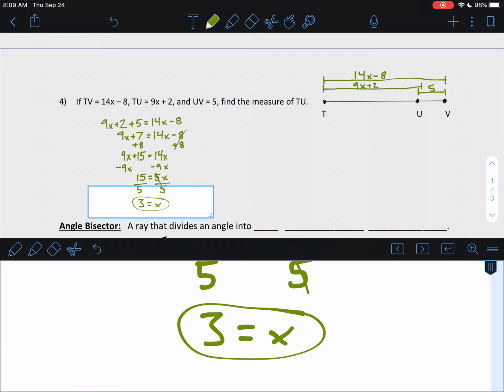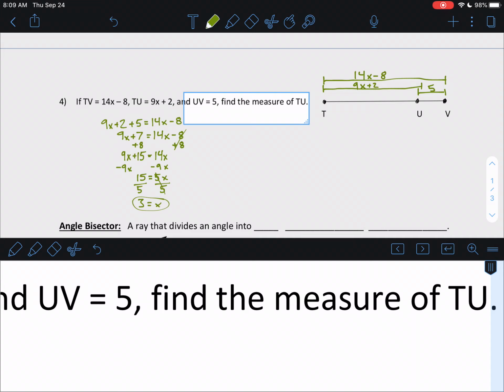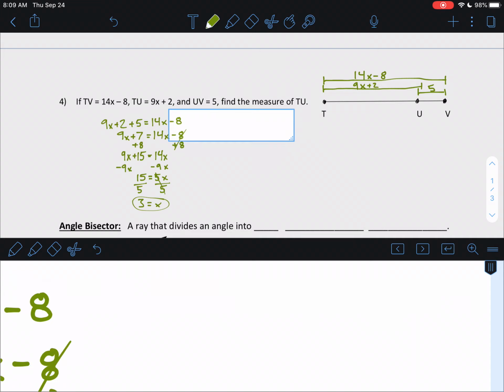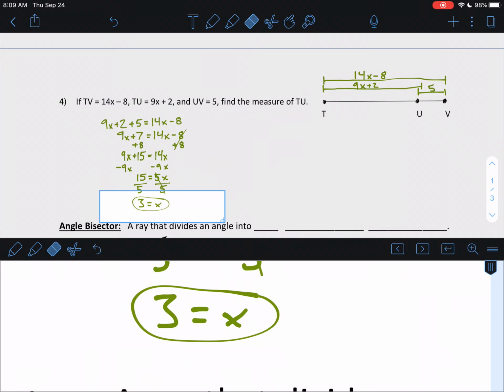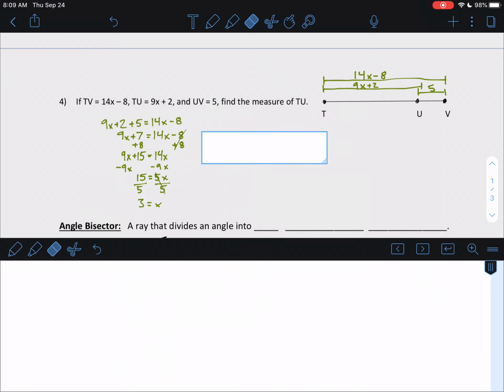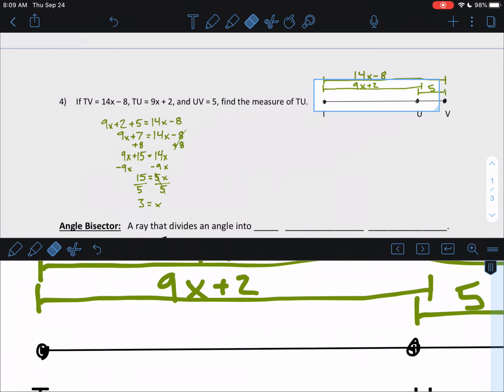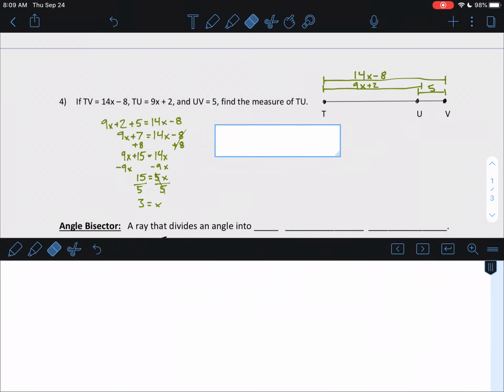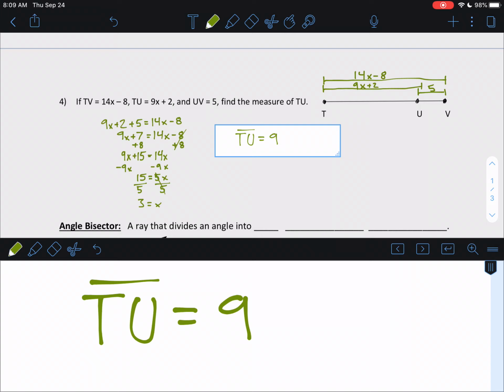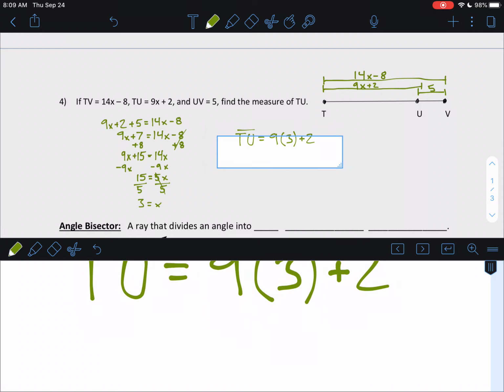All right, so x equals 3, but that wasn't the question. The question was find the measure of TU. So I'll actually go back and uncircle that. So find the measure of TU, and TU is 9x plus 2. All right, so TU equals 9, and instead of x, well, x is 3, so I'm going to do 9 times 3 plus 2. 9 times 3 is 27.